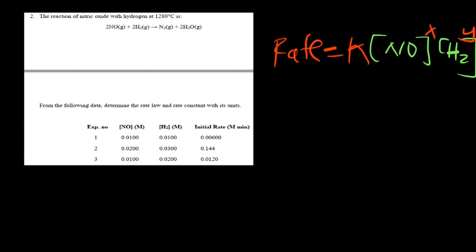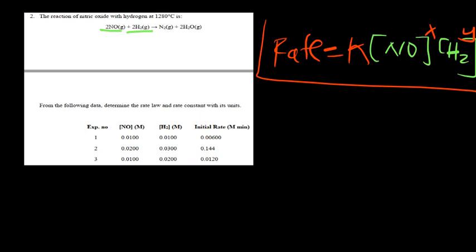So our goal is to find k and find the values of x and y in this question. Okay. So now we can use this very equation that I've come up with. It's not even hard to come up with this equation. If you've noticed what I've done, I've just said the rate is equal to k, and then I've put my reactants there, and that's how I've come up with that equation, putting two unknown letters to denote the powers of the reactants.